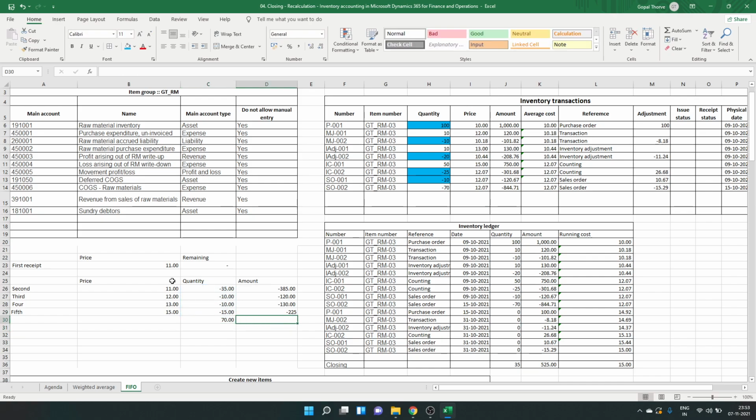So 70 is settled, and the amount is the sum of all this, 860.